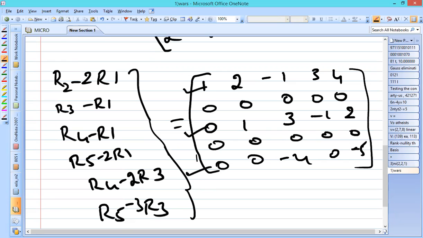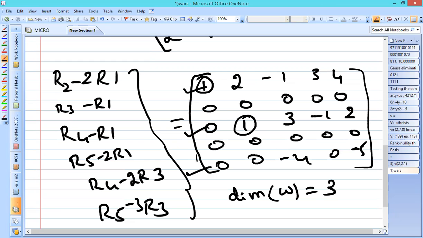Since there are 3 non-zero rows, the dimension of this subset is equal to 3. And here you can also observe which vectors form a basis in W. You have to observe the pivots. There is a pivot in the first row, a pivot in the third row, and a pivot in the last row.